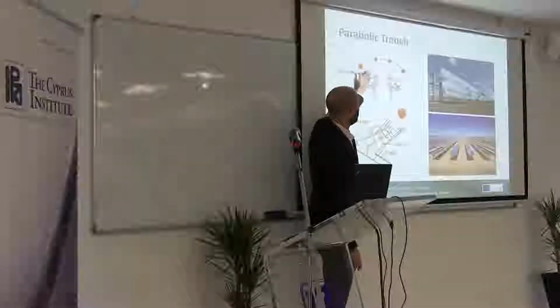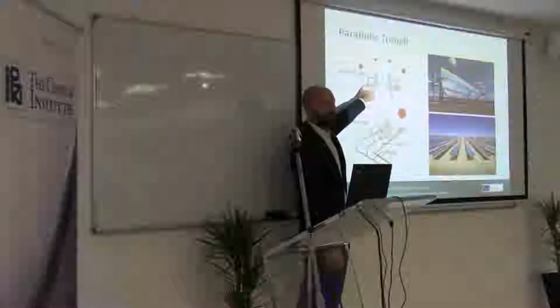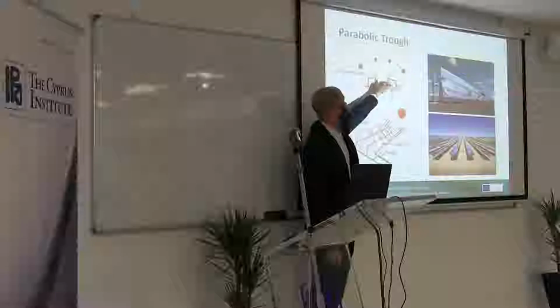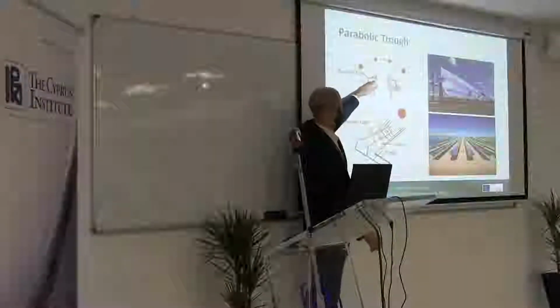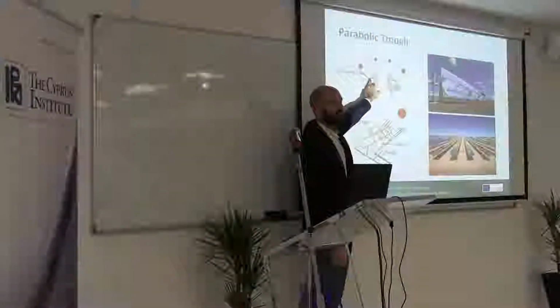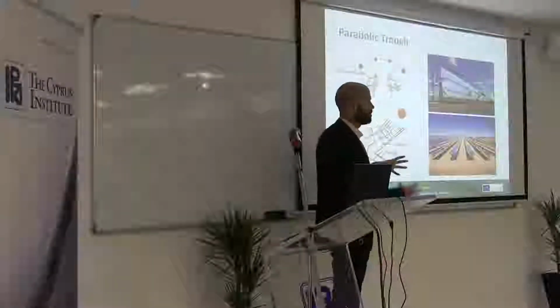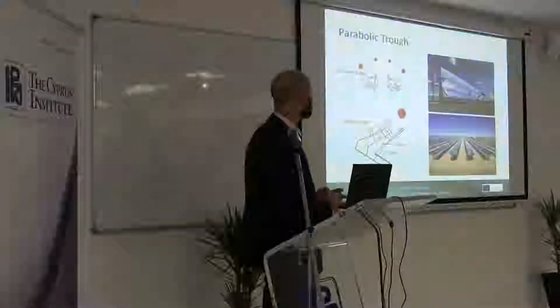So the cross-section of the mirror is a parabola, which has focal properties, and all the straight rays that come on this acceptance surface of the mirrors are concentrated on a point here, which turns into a line if we move from the cross-section to the actual 3D structure of the system.